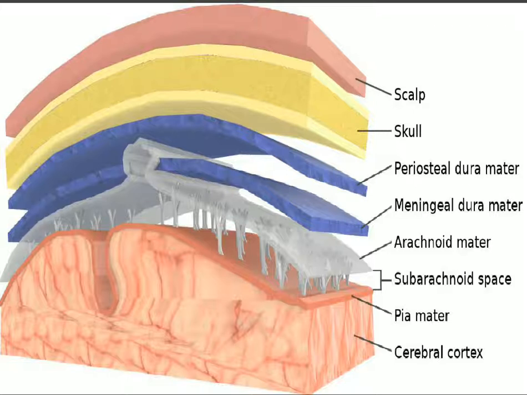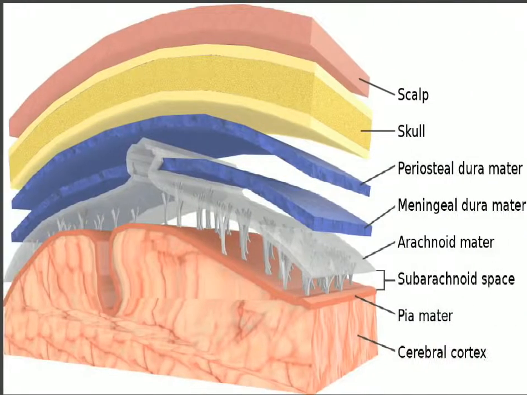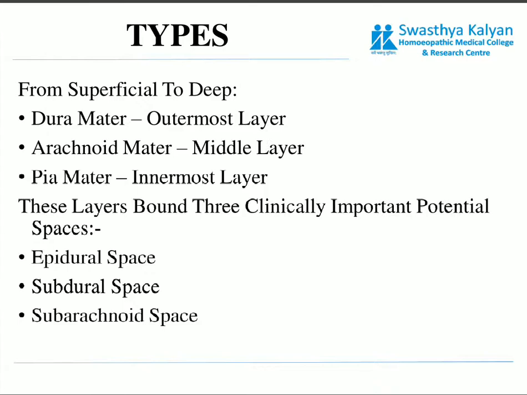Then above the pia mater, there is the arachnoid mater, and above the arachnoid, the outermost meningeal layer is the dura mater. So from superficial, that is from outer to inner, the first layer is the dura mater, the outermost layer. Then the arachnoid is the middle layer, and the pia mater is the innermost layer.